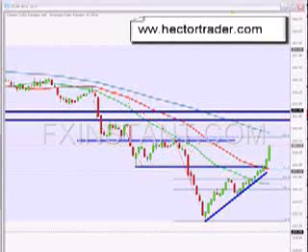We have a previous double bottom here, former support, now working as resistance. Also, this is the 50% Fibonacci level. I've measured it already. This is the 50% Fibonacci level, and of course, the dynamic area of resistance.